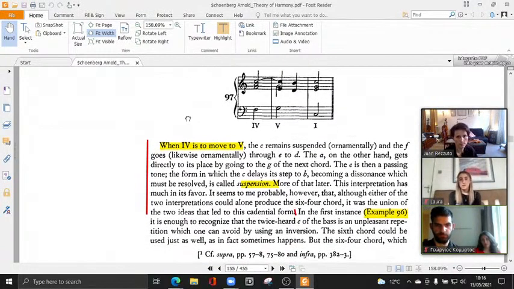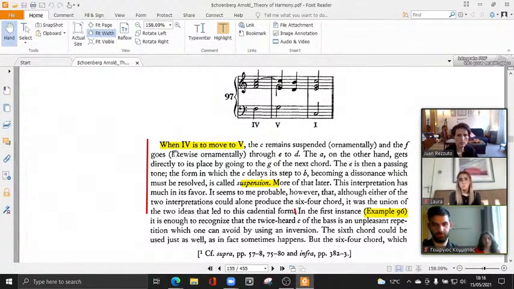How? Well, let's see. When the subdominant is to move to the dominant, like in this case, the C in the soprano remains suspended ornamentally, and the F in the tenor goes likewise ornamentally through E to D. So the A in the alto, on the other hand, gets directly to its place by going to the G of the next chord.